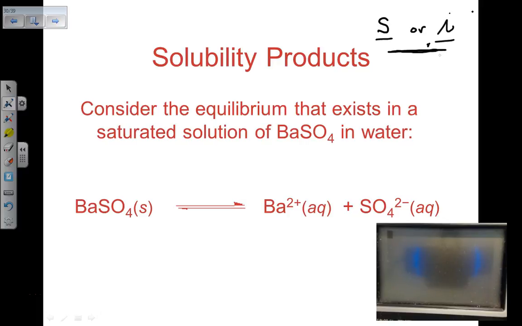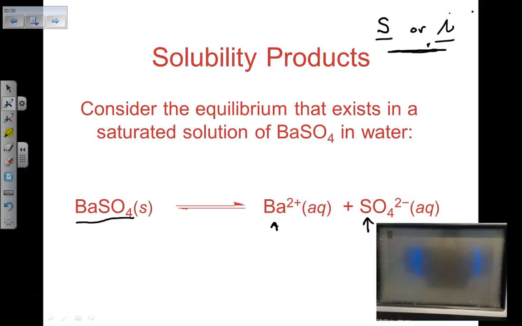So one of the compounds that we may look at is barium sulfate. As we learned in our solubility rules, we would say that barium sulfate is not necessarily soluble, okay? But what it does is it forms an equilibrium reaction where some of it will react and ionize.